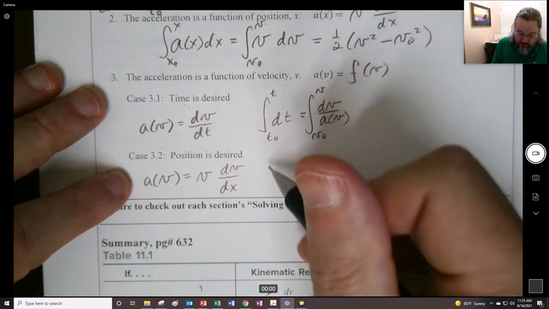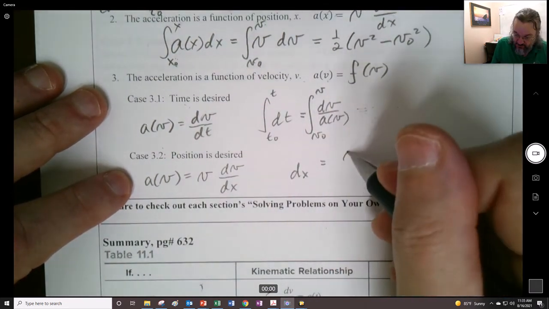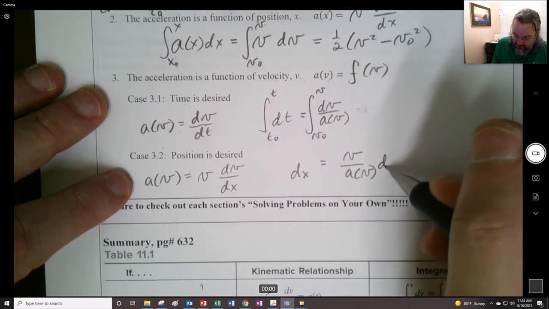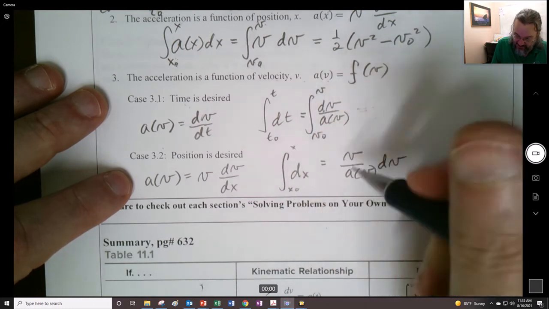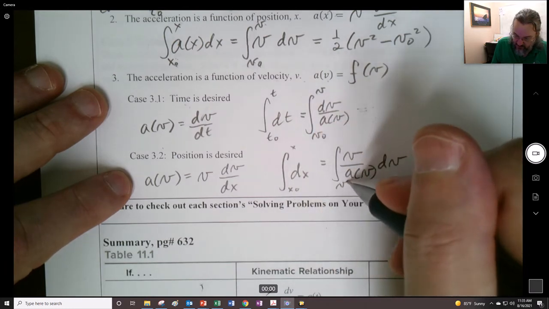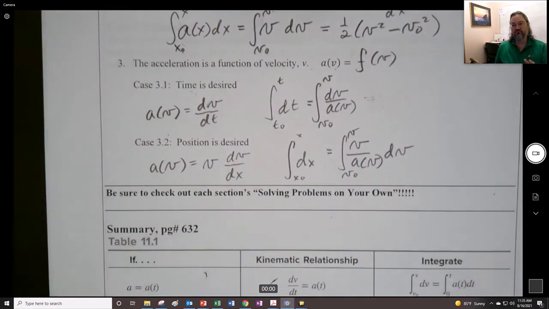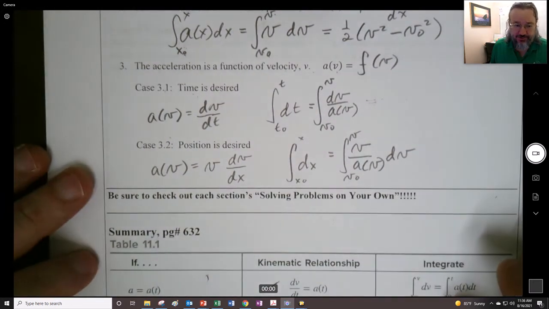What we could just do is rewrite this as dx is equal to velocity divided by acceleration as a function of velocity, dv, and integrate from x0 to x and from v0 to v. I know, we just messed the thing around, but you get the basic idea, that we're just trying to get everything lumped over to the side.